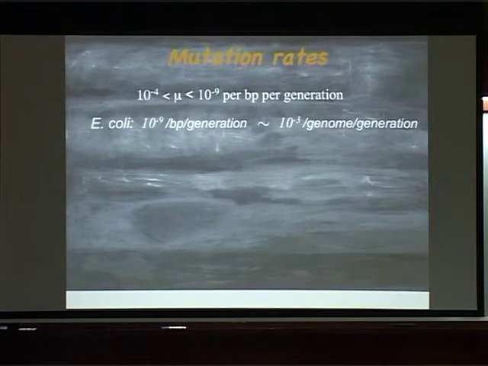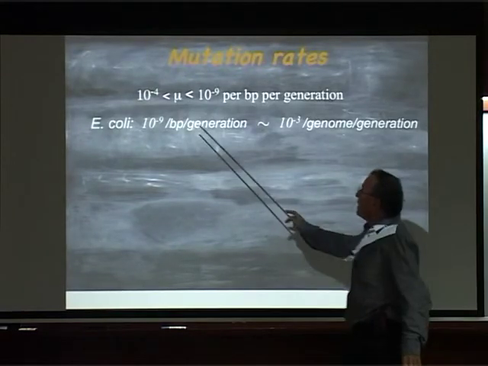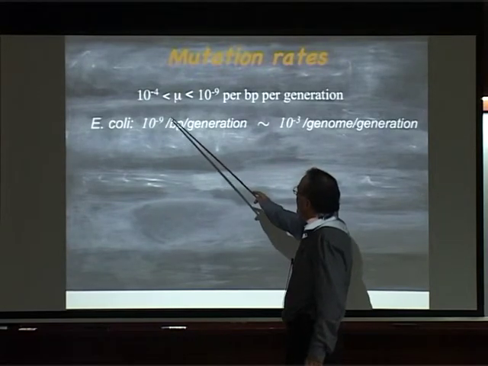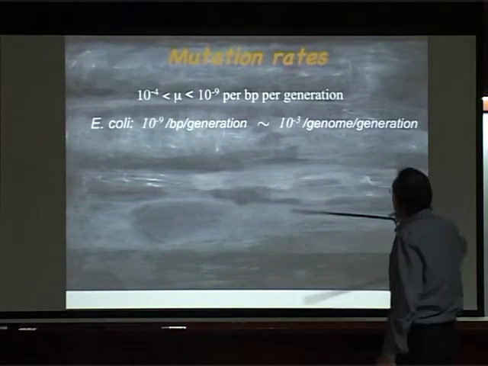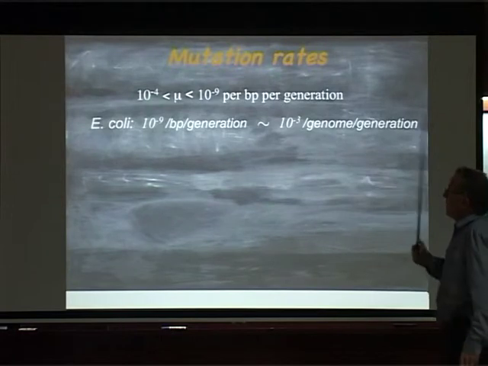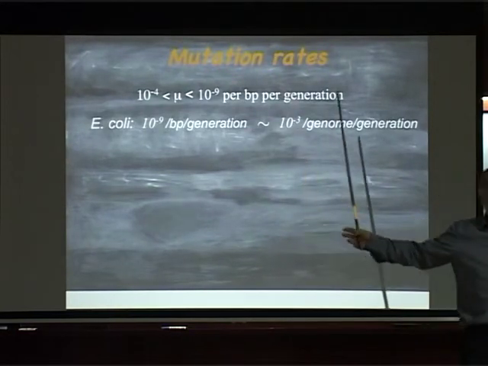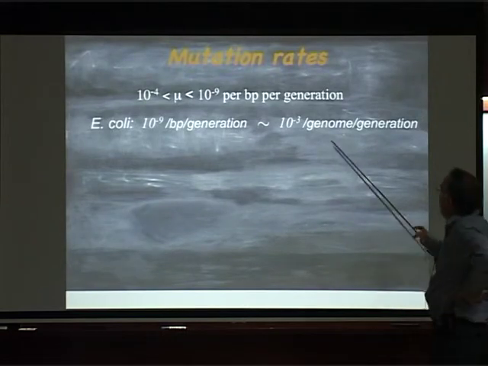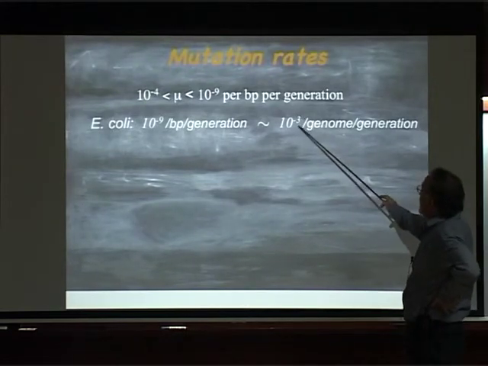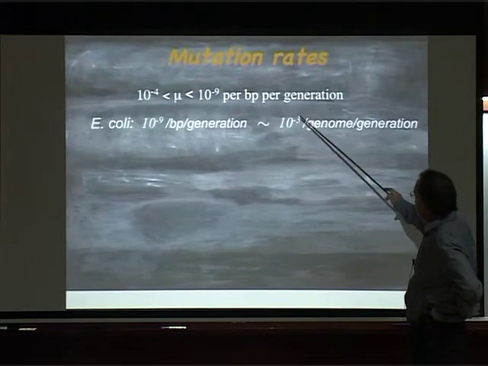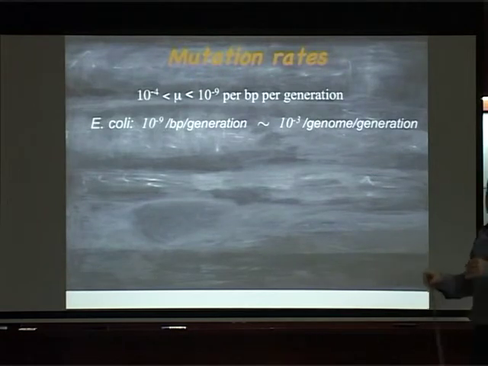So in E. coli, mutation rate is 10 to the minus 9 per base pair per generation, which if you multiply by the length of the genome, so 2 megabases in that case, works out to about 1 in 1,000 per genome per generation, right?